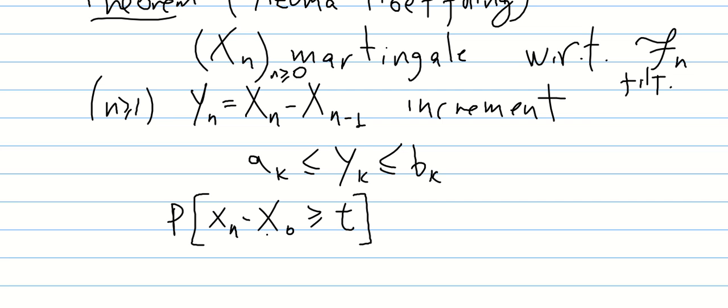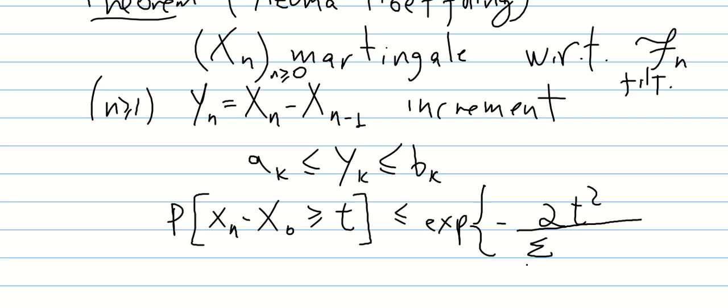So we know that the expectation is 0, so this is just the deviation. So we know that this is bounded by e to, so it's an exponential decay, minus 2t squared over the sum over k from 0 to n of bk minus ak squared.